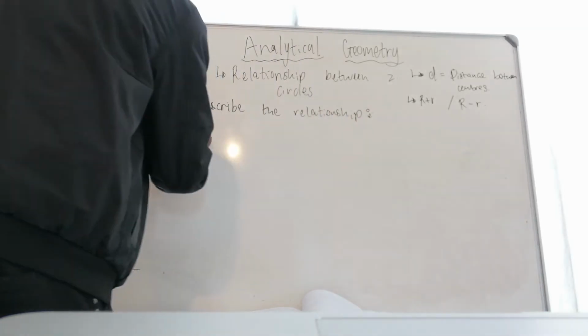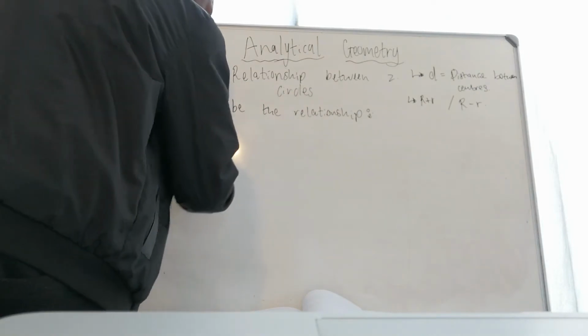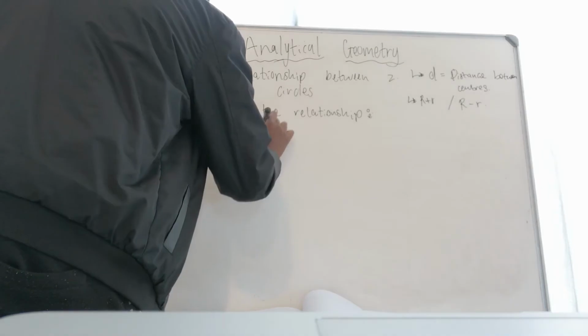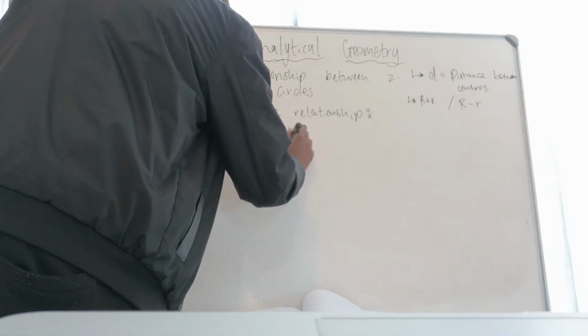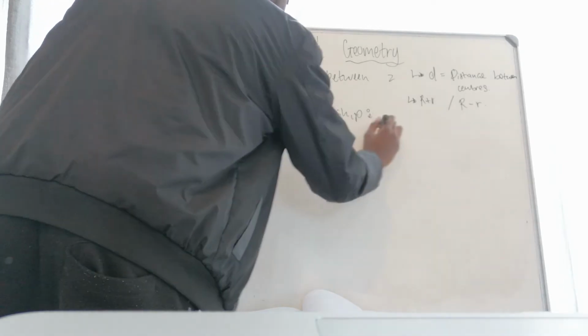That's how the question is going to read. And they'll give you equations like (x + 1)² + (y − 3)² = 9. And then they give you another equation.